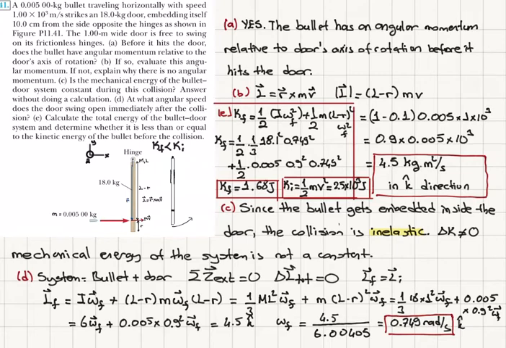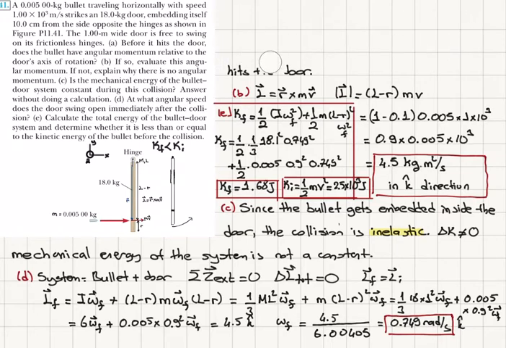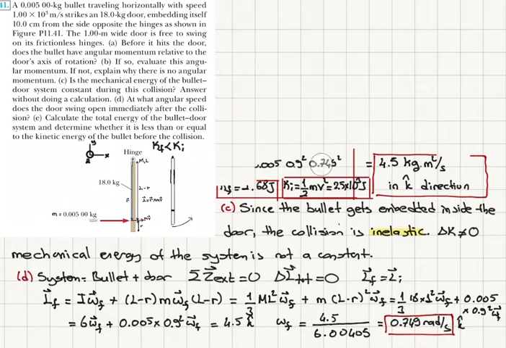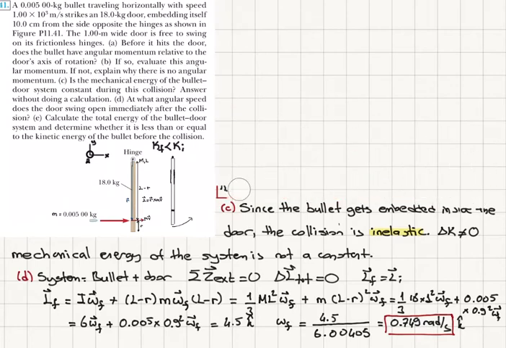Now I want to try something to calculate this omega final again and ask you if this approach has any problems. So let's think about a different way of calculating omega, if it's possible.